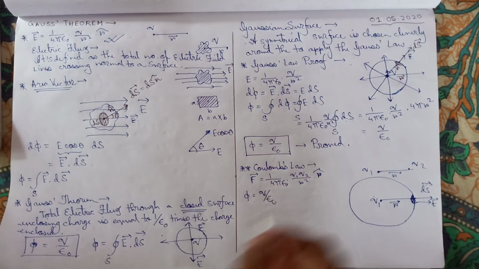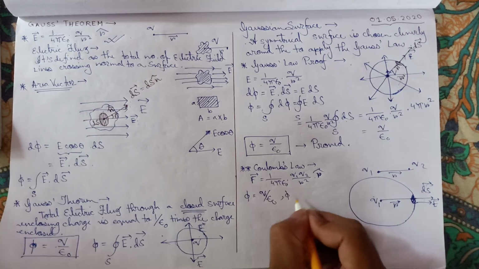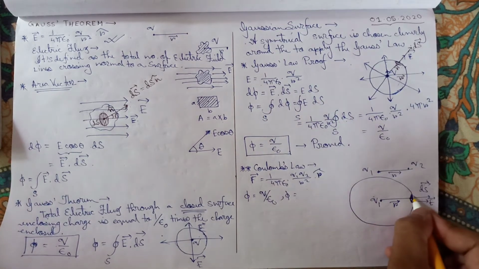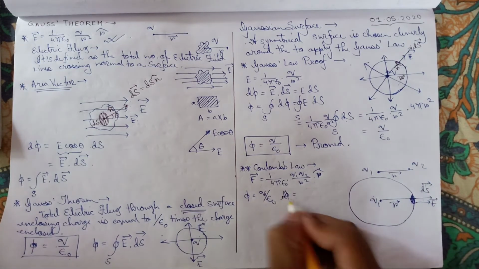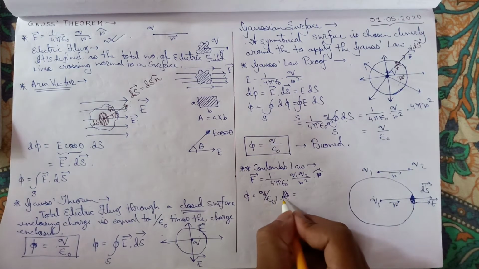So here it will be q1, and we know again from the definition, phi equals the surface integration of E dot ds. For this it will be d phi. The total flux we are not considering, we are just considering the d phi, the flux for only this elementary area.